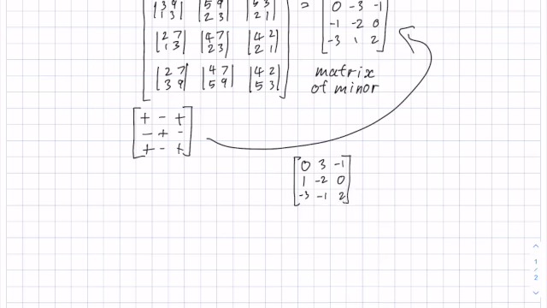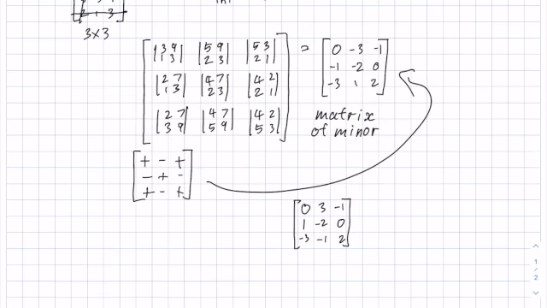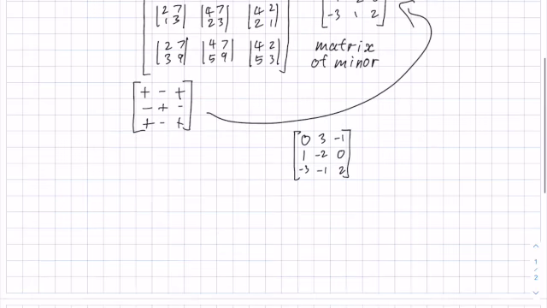So what I did was positive 1 times 0, -1 times -3, which is 3, +1 times -1, -1 times -1, which is 1, and onwards.